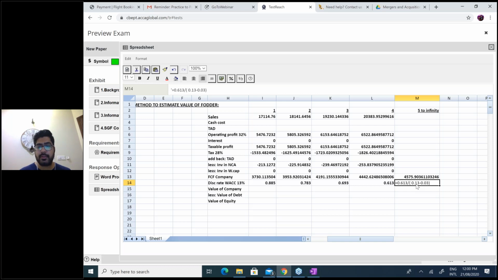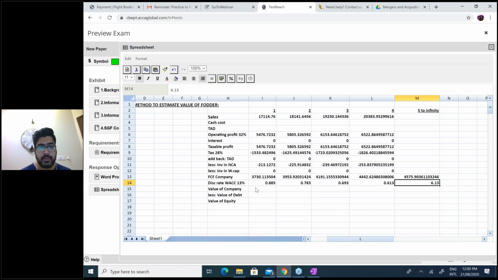So last discount factor over WACC minus G: the last discount factor was 0.613 over WACC 13% minus 3%. Okay, this made it 6.13.